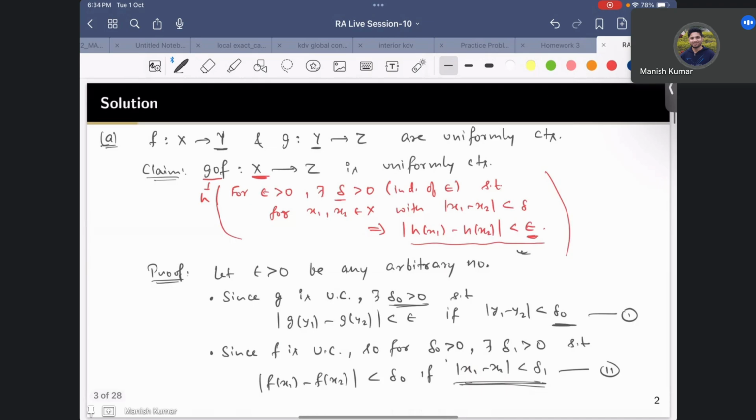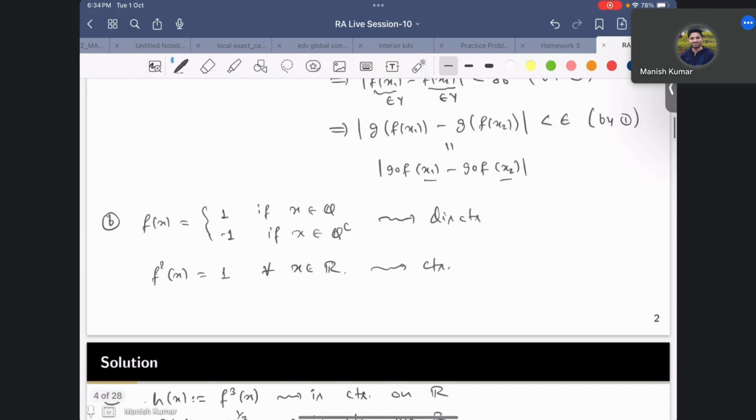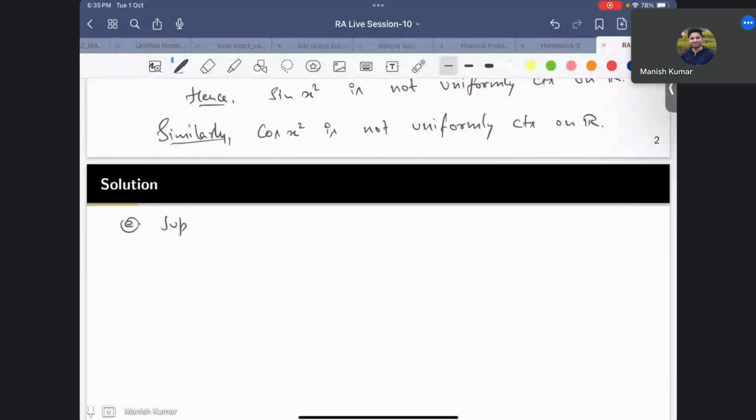Okay, maybe I can write one or two lines. So suppose, if possible, let f be non-constant.